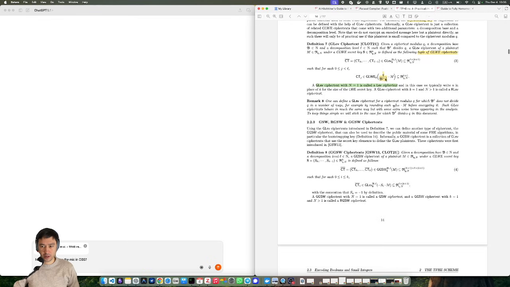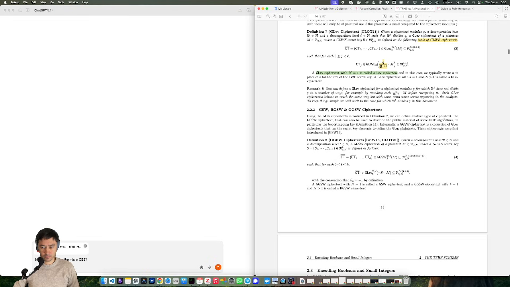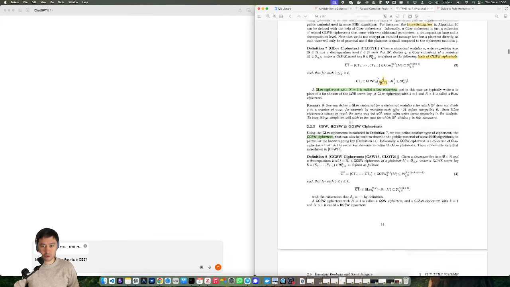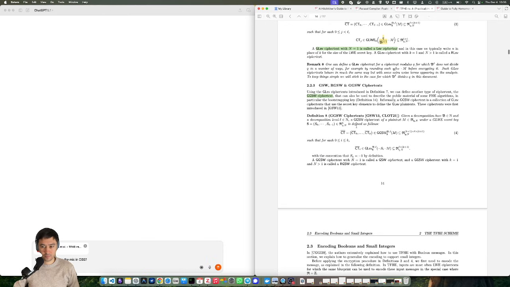I don't know why we need these. It's just weird, but all right. Didn't we define that one? GLWE. Oh yeah, GGSW ciphertext. So many definitions. Bootstrapping key. All right. Tuple of GLev, which is a tuple of GLWE.